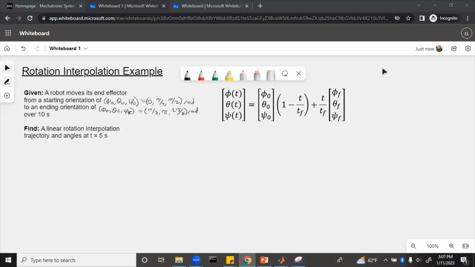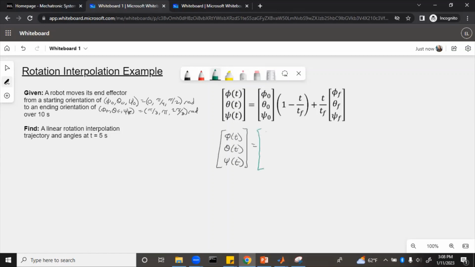All right, we've got the formula for it here. So basically, we just need to fill everything out with as much numbers as possible. So we'll have phi of t, theta of t, psi of t equals, and we put in the initial values, 0, pi over 4, pi over 2.